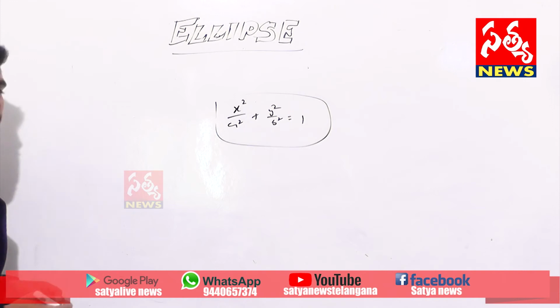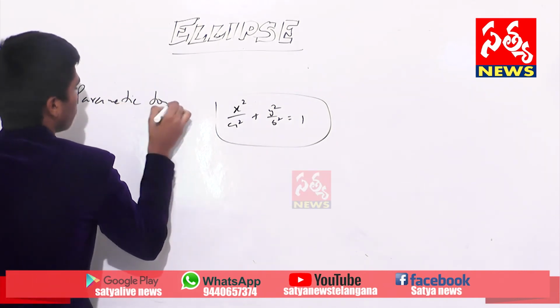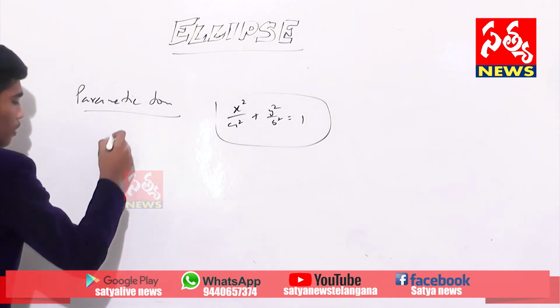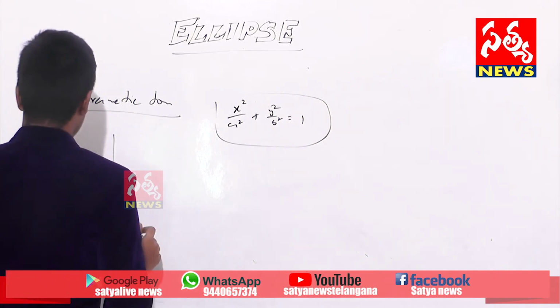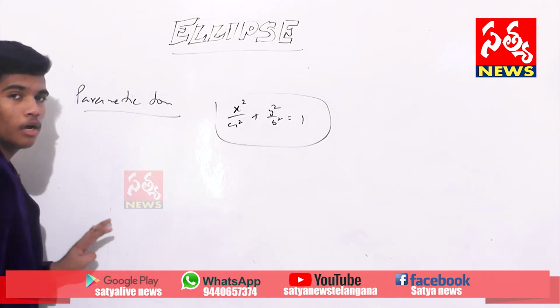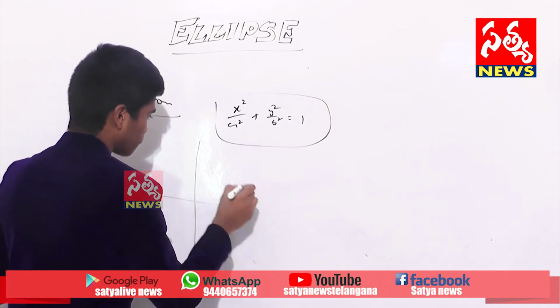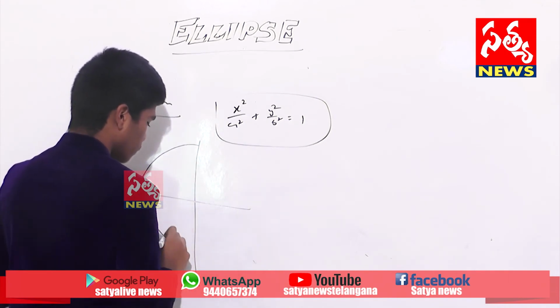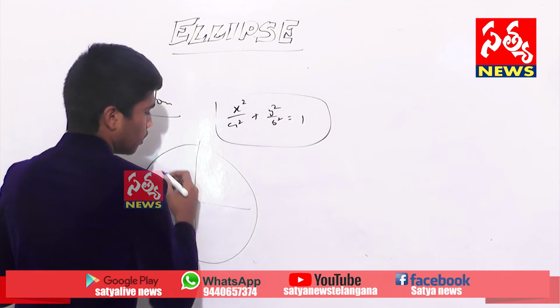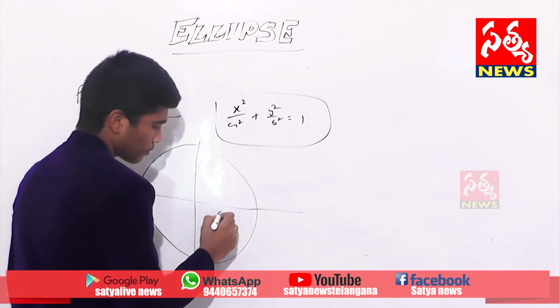Now let's discuss parametric form. For getting this form, first of all, let's draw a circle. Let's take this as a circle of radius a.